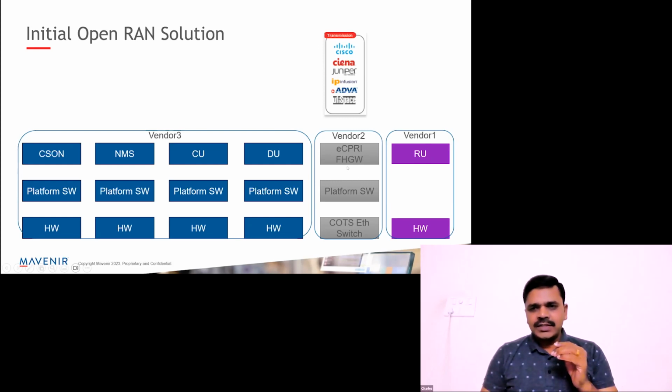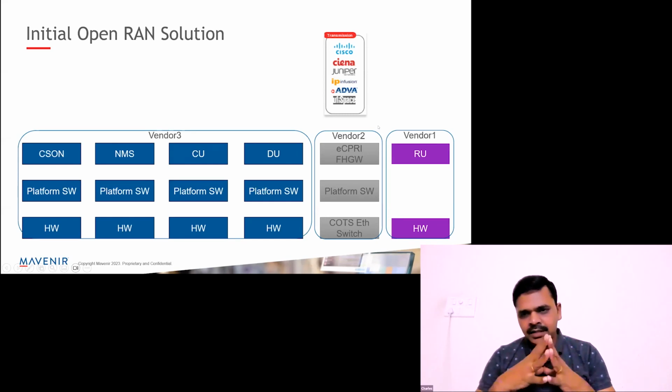So with this, the fronthaul switch, there are a lot of players, including the radio vendors that I had in the last slide and the fronthaul switch vendors. I've just taken the switch vendors here. So as of today, this is one of the first steps that we achieved in the journey of open fronthaul in Open RAN.